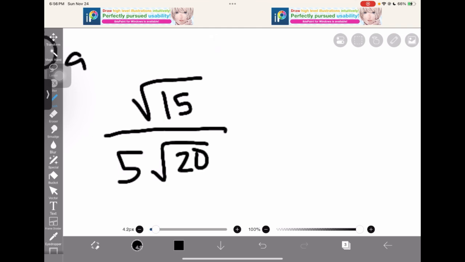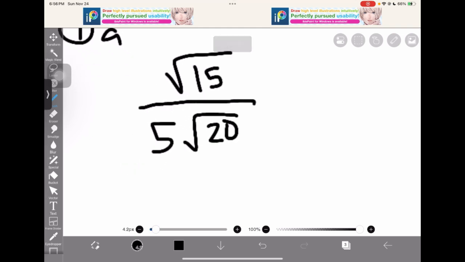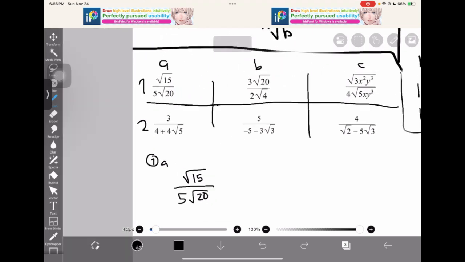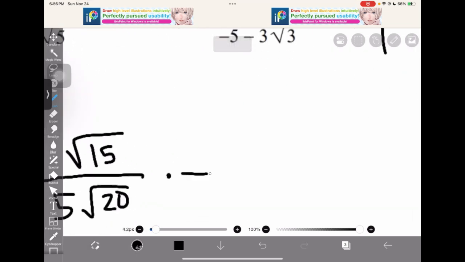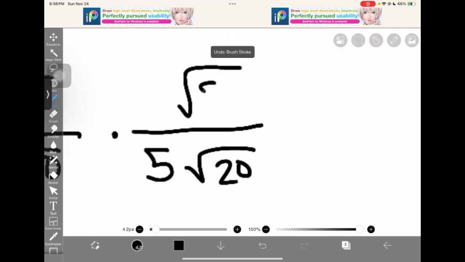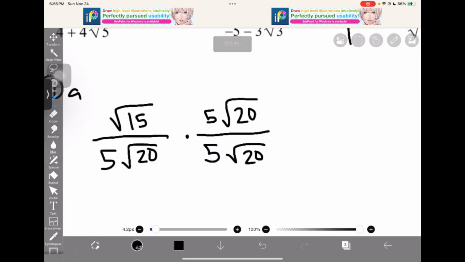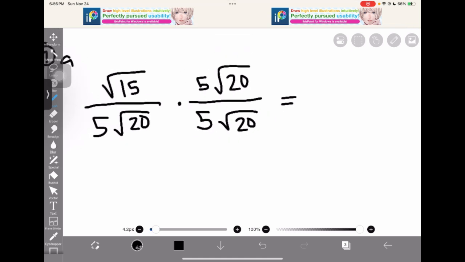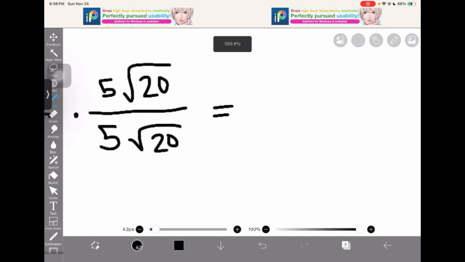Remember, when rationalizing, our goal is to simply remove any square roots. So in this case, when you're in a monomial, all you really need to do is just copy and paste that: 5 square root of 20 over 5 square root of 20. Then you just multiply. That becomes 5 times 5, 25, and square root of 20 times square root of 20 is 20.